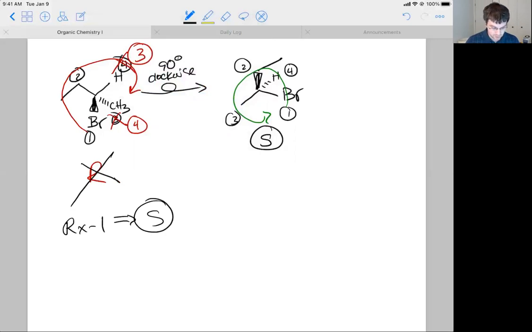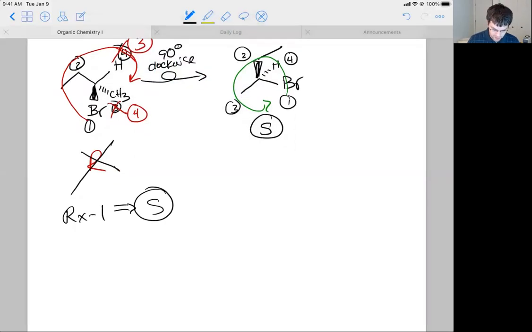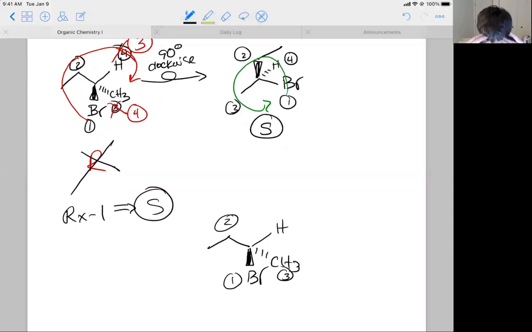If I had just ignored it, recognize what would happen. I haven't tested it on this example yet, but if we didn't do that switch, if we just ignored it, we might get the same answer here. So if we're at 2 to 1 to 3, remember, the trouble is 3 and 1 are directly on top of each other.